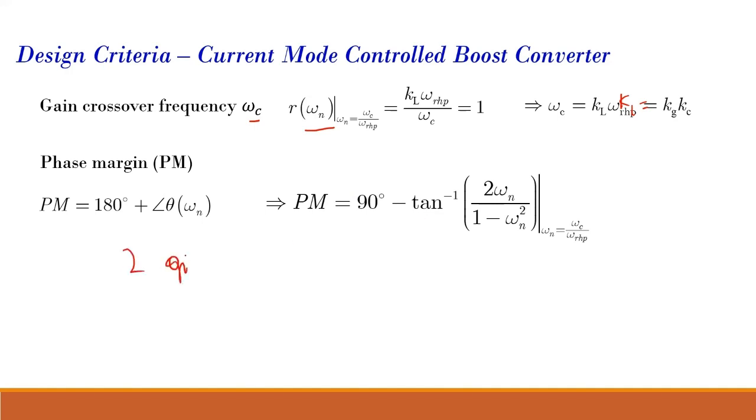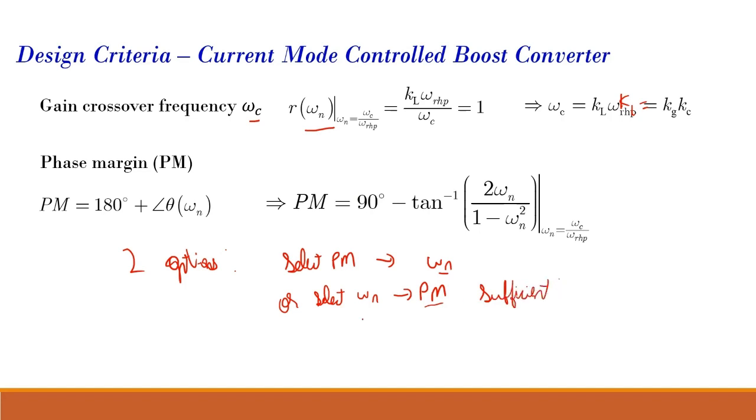Either we select phase margin and then calculate omega n, or we select omega n and calculate phase margin. We can go by any of these procedures. We select omega n and then verify whether the phase margin is sufficient. If it is not sufficient, we have to change our omega n.